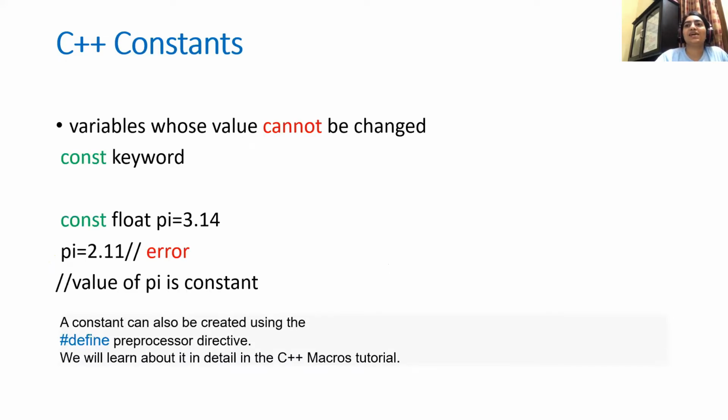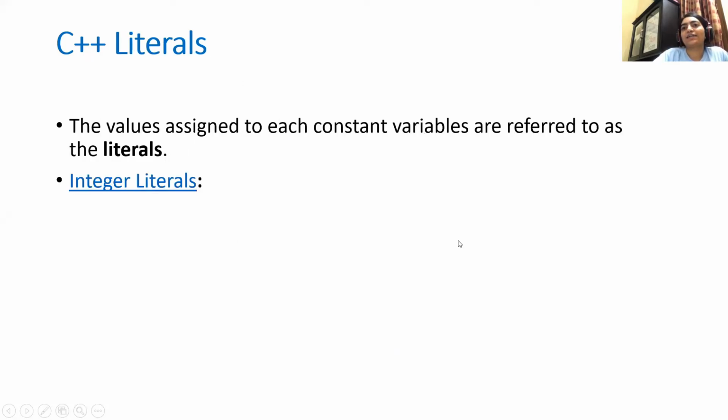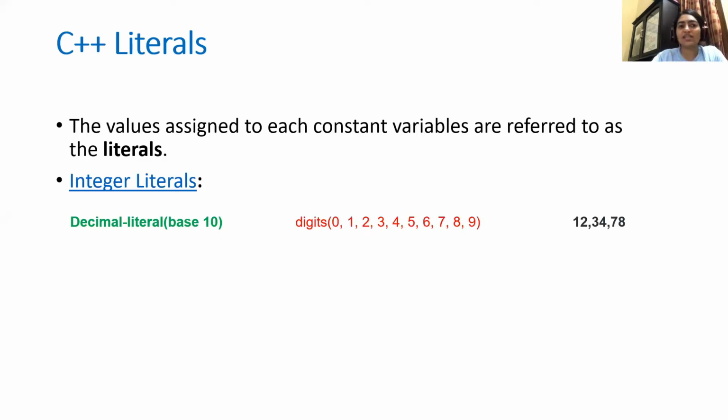Now, in the previous example, this 3.14 is a literal because this is a value which is assigned to a constant data type, right? And there are integer literals, and under integer you have a decimal literal with base 10, meaning the numbers 0 to 9 can come. Any number like 99, 100, 40, 50, 60, decimal numbers.